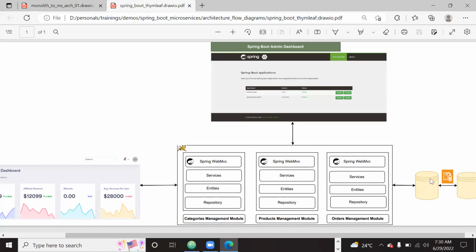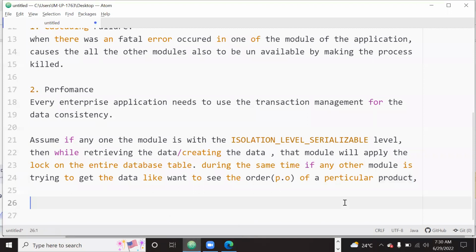But the order table is already locked by the order management module. As a result, what will happen? The product management module will wait till the order management module completes its transaction. So assume if any one of the modules is with the isolation level serializable, then while retrieving the data or creating the data, that module will apply the lock on the entire database table.